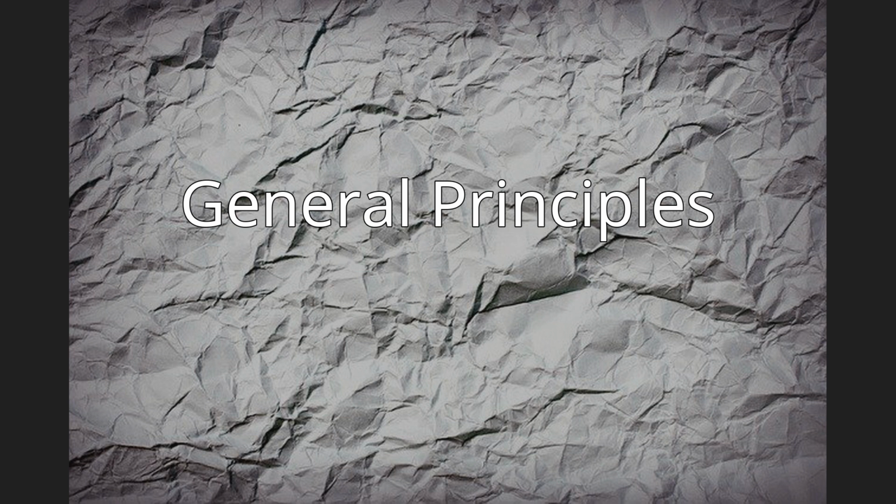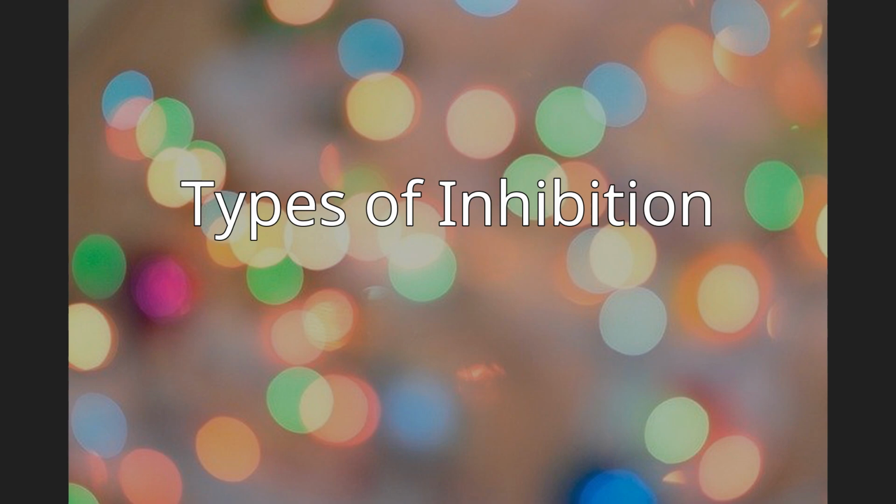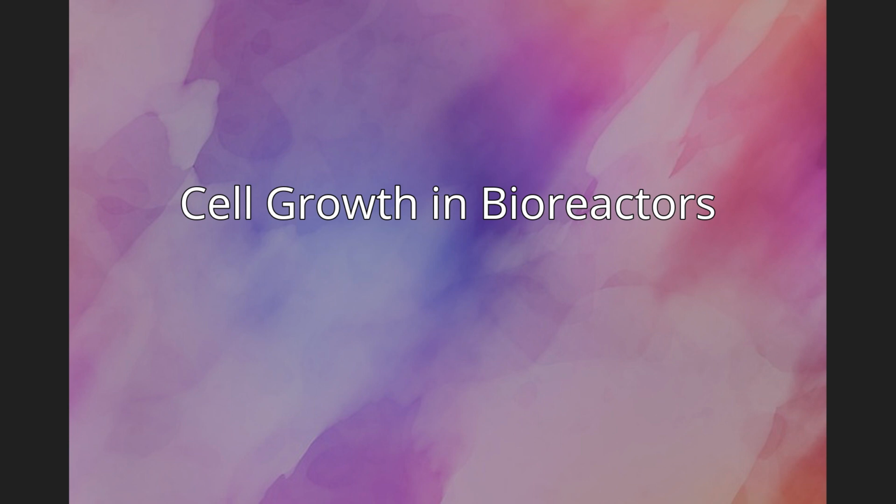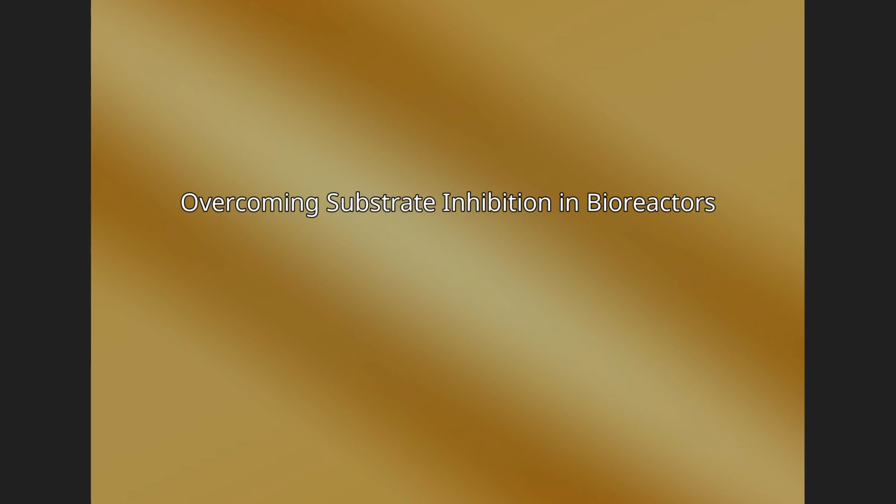Additionally, information on inhibitory effects caused by mixtures of compounds is limited because most studies have been performed with single substrate systems. Types of inhibition. Enzyme kinetics overview. Cell growth in bioreactors. Overcoming substrate inhibition in bioreactors.